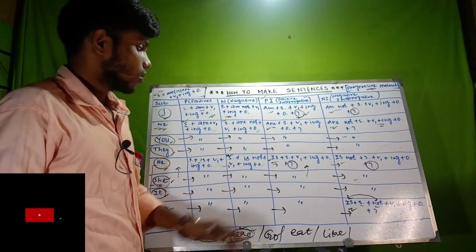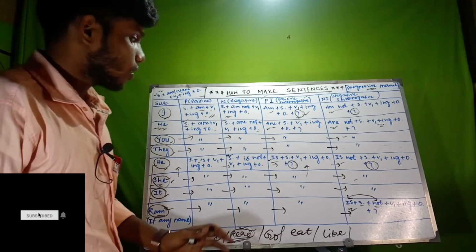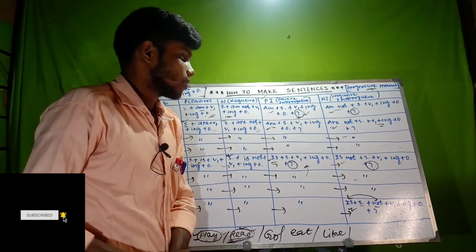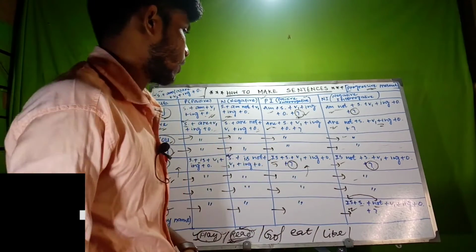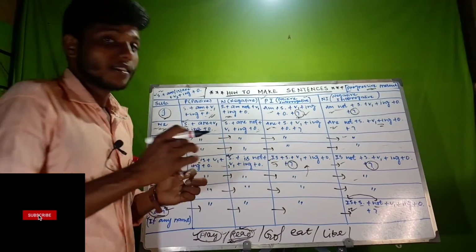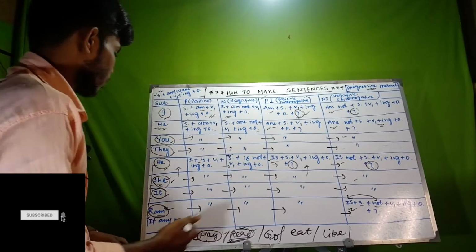Is she reading? Or we can say, is she reading any short story? And the last segment, the sentence is like that: isn't she reading? Or we can say properly, isn't she reading any book?